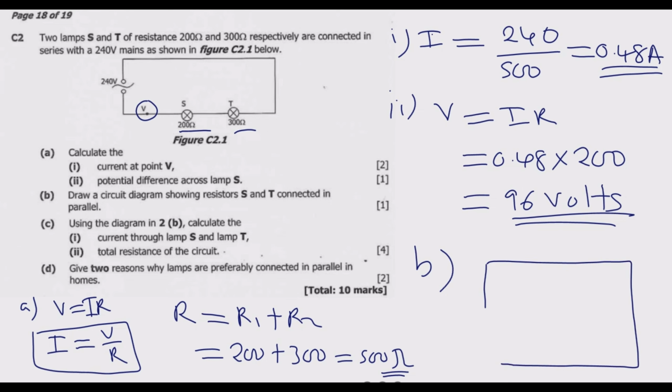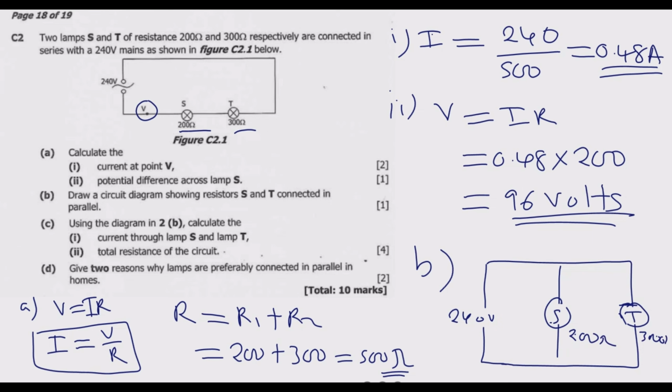If they are in parallel, we can draw the circuit maintaining the 240 volts. So we draw S here, then we draw another one here and call it T. Let me just rub out the middle so that it looks neater. So we call this S, then this T. S is 200 ohms, then T is 300 ohms.